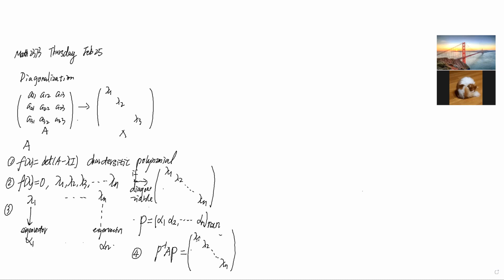If you put lambda 1 in the first position, you have to put alpha 1 in the first column. For example, if you write lambda 2, lambda 1, lambda 3, and lambda n, and you want your P with this property, in this case you have to write P as alpha 2, alpha 1, alpha 3.